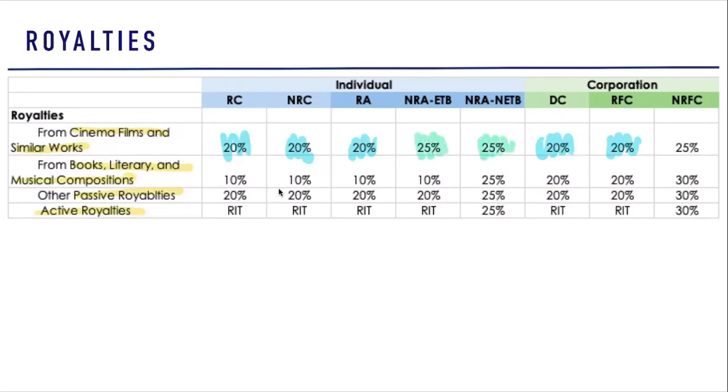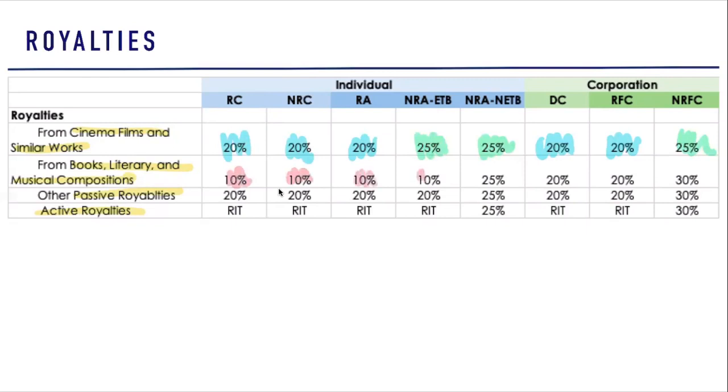If that is NRFC, 25%. Okay? So, yun. Pagka cinema films, ganyan ang rule. 20% RC, NRC, RA, DC, RFC. Others, 25%. Clear?